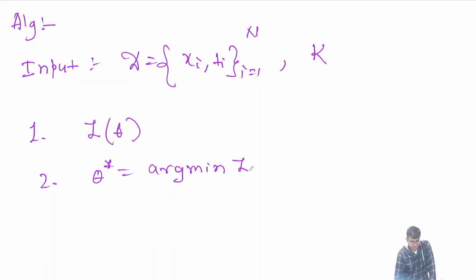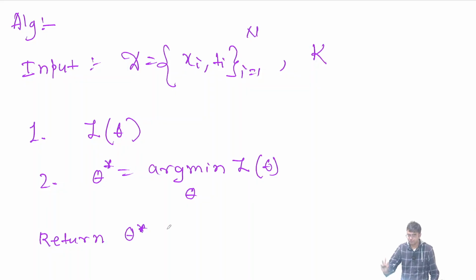Done. You will return theta star. So all those derivations were to arrive at this L theta. So a 4-line, actually 2-line algorithm. I can combine 1 and 2 and that will become a 1-line algorithm. So this is how you train a Gaussian process.